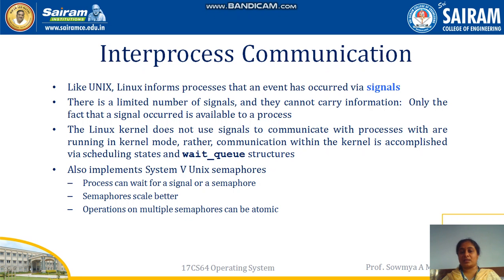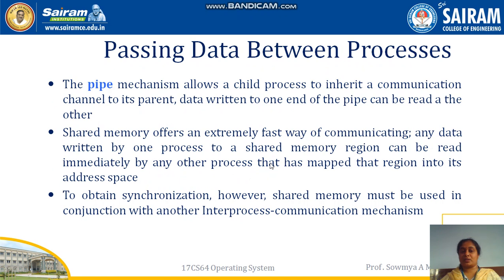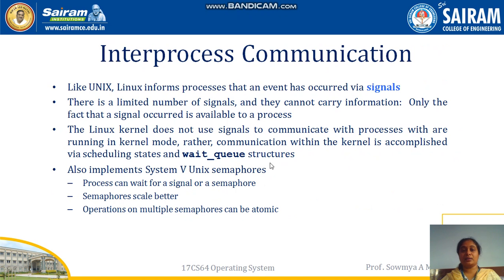The Linux kernel does not use signals to communicate with processes running in kernel mode. Rather, communication within the kernel is accomplished via scheduling states and wait queue structures. So scheduling states and wait queue structures are used to communicate between processes or within the kernel in the Linux operating system. Also implemented are System V Unix semaphores.